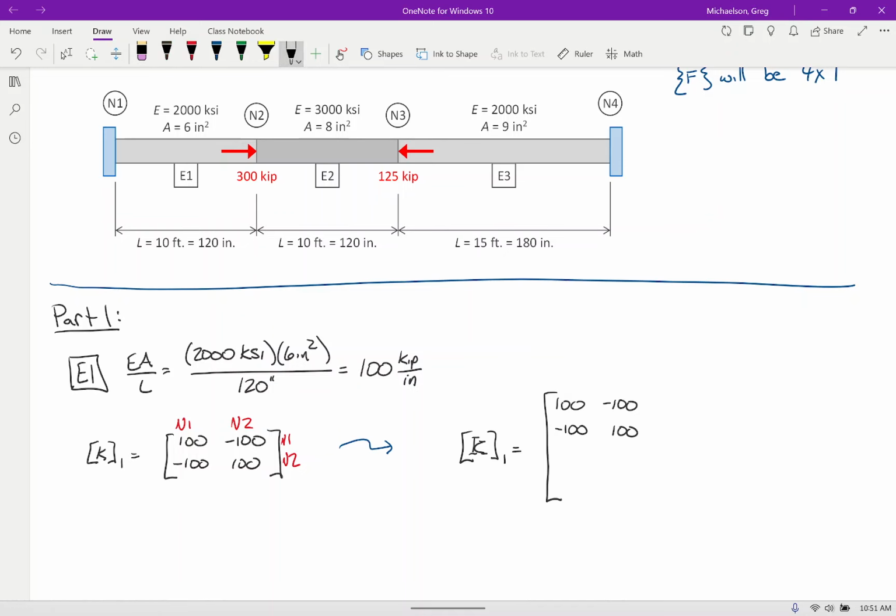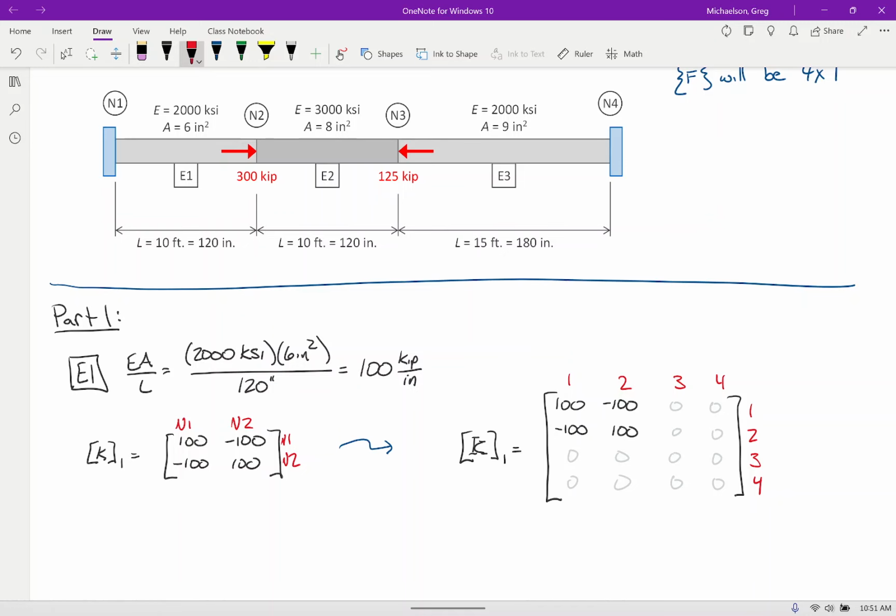Then I'm going to use gray. Would that make sense? In other words, this term goes here, this term goes here, this term goes here, this term goes here, and everywhere else it's 0.